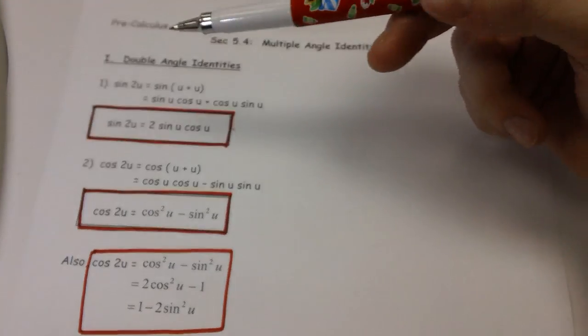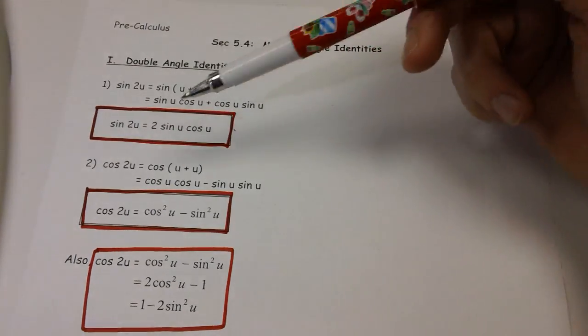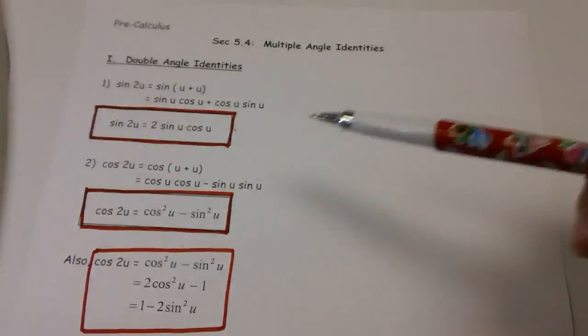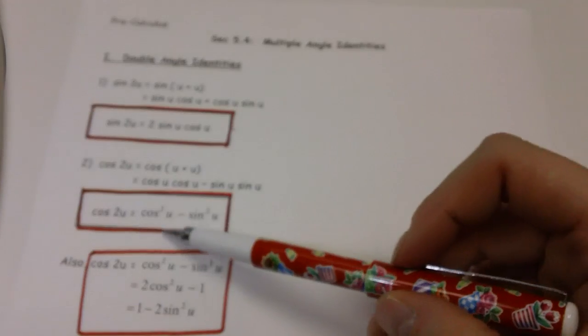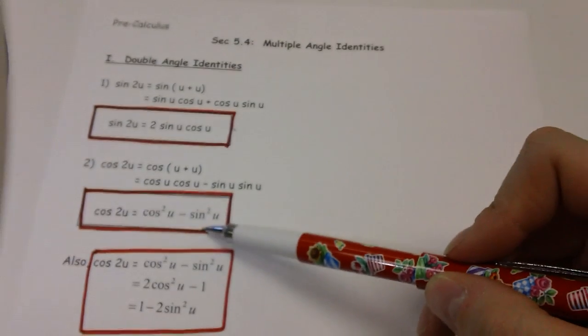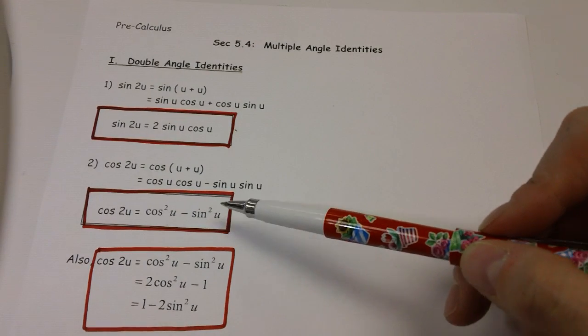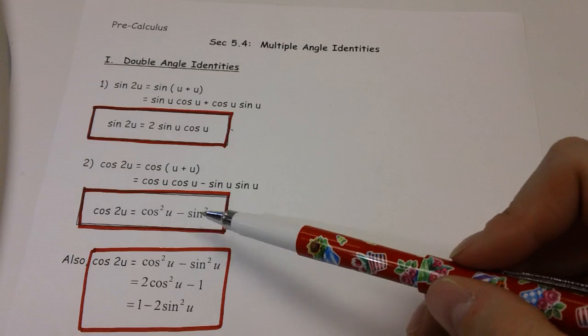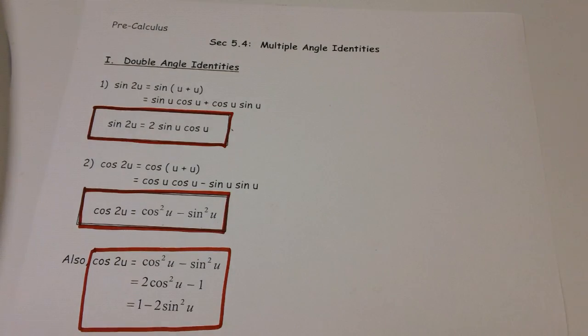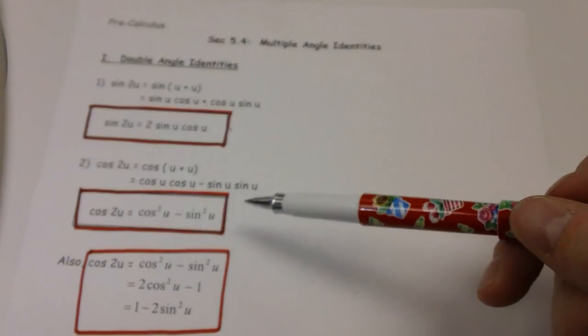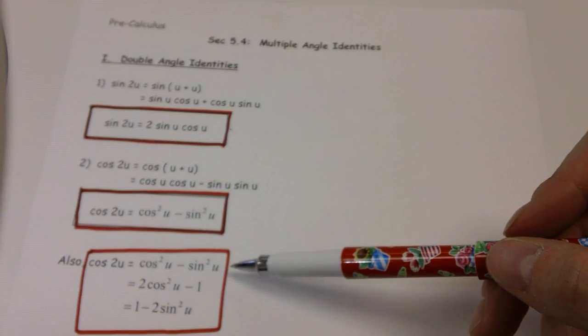Now, when you get to the cosine of a double angle, so the cosine of 2u, using our sum and difference identities, we see that we get the cosine of u squared minus the sine of u squared. Both are squared, sorry. The problem with this is you can use your Pythagorean identity to change this identity in a couple of different ways.